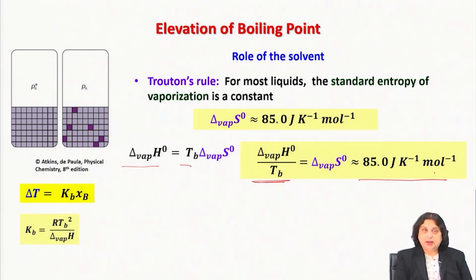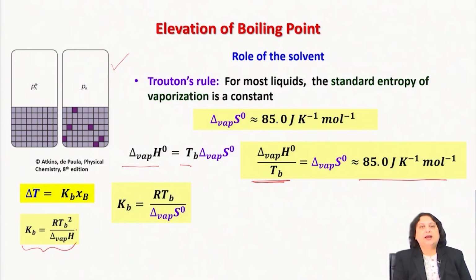Now, if I am thinking about this experiment at a standard pressure of 1.0 bar, then I understand that I can rewrite the empirical boiling constant now in a way that would include the standard entropy of vaporization. And then I understand that delta T under such condition would be proportional to Tb.